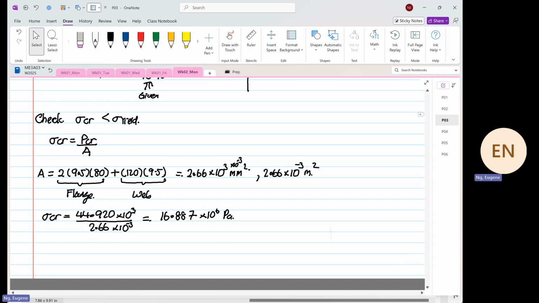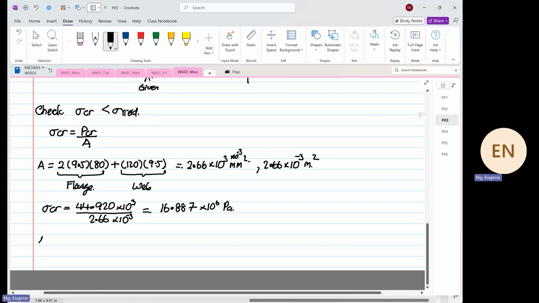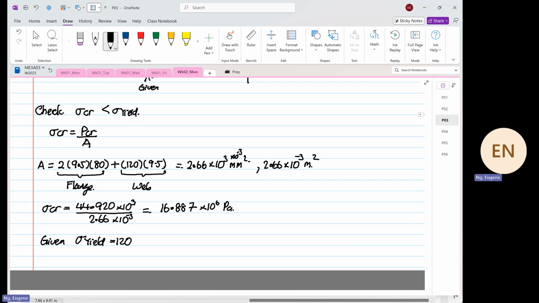Okay, and let's say we assume or are given that stress yield is equal to 120 megapascal. So we know that this is less than stress yield.